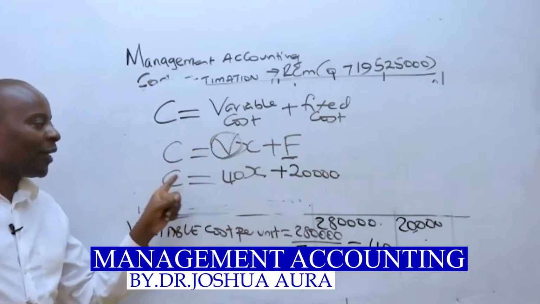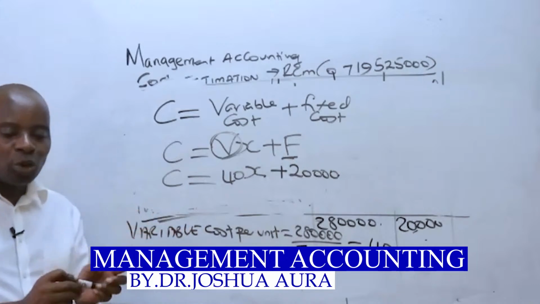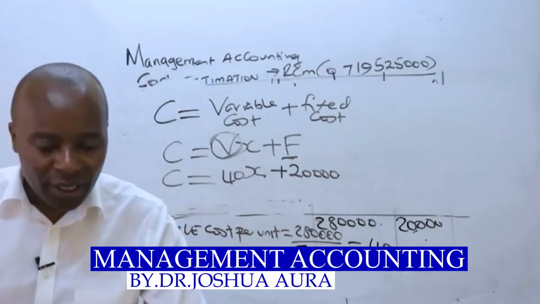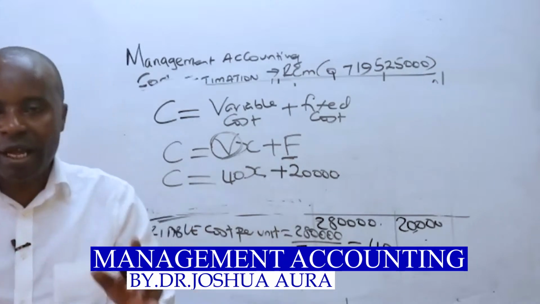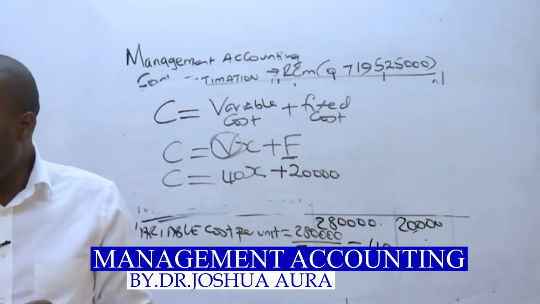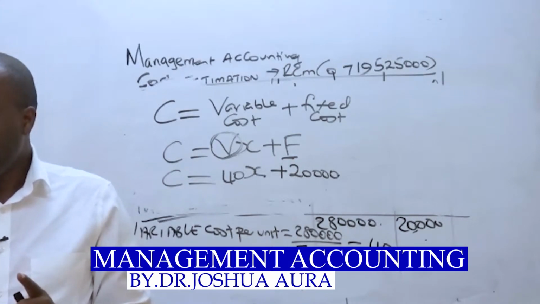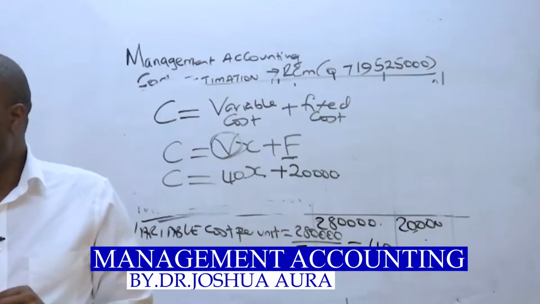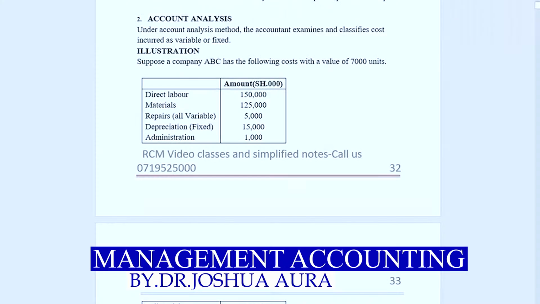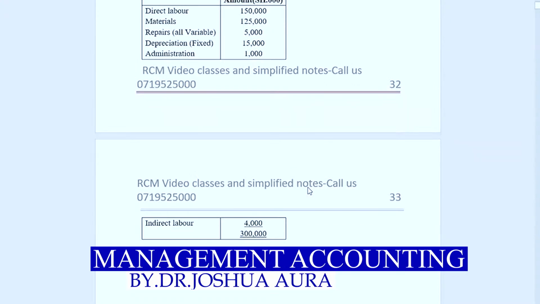So now I have a cost equation arising out of the account analysis method. Then, ladies and gentlemen, what I need to do is check what they want us to estimate.